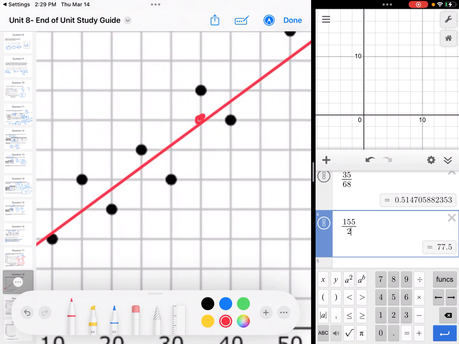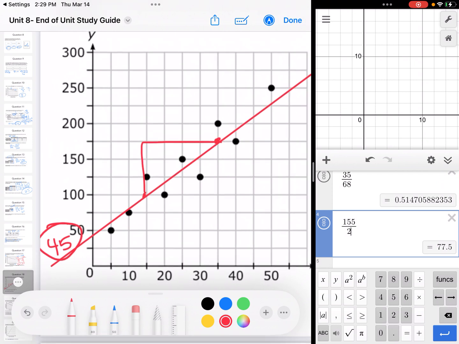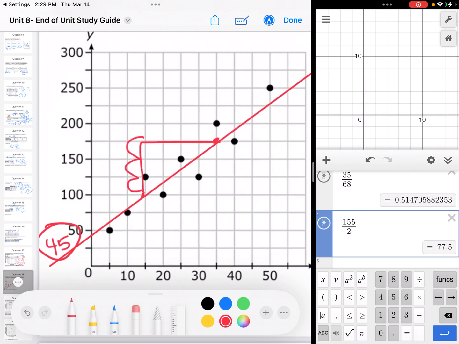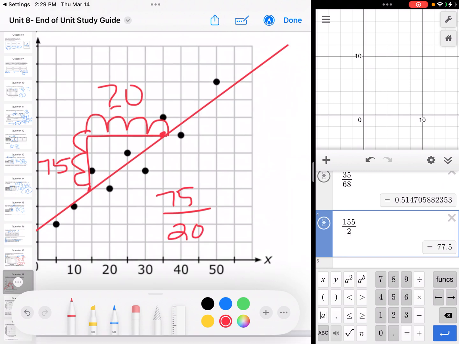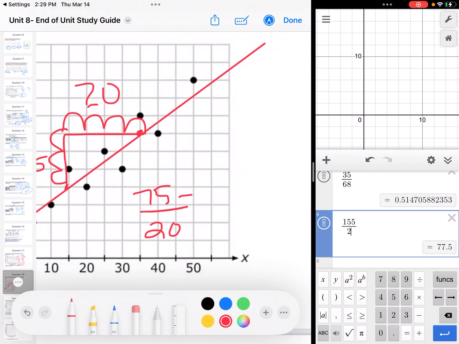Okay, so I've got a point here and a point here. So they're counting by 25. So 25, 50, 75. And then across the bottom, each block is 5. So 5, 10, 15, 20. So I got 75 over 20. So I'm going to divide by 5.